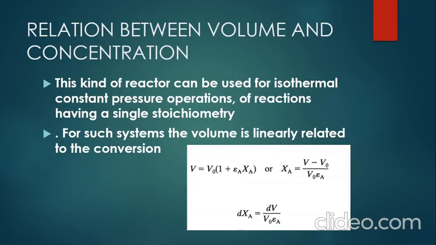In general, we operate this reactor at constant pressure and isothermal condition. That means as soon as the volume changes, we move the bead and keep the total pressure of the reactor the same or constant.